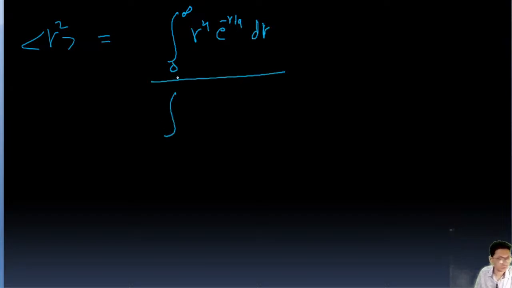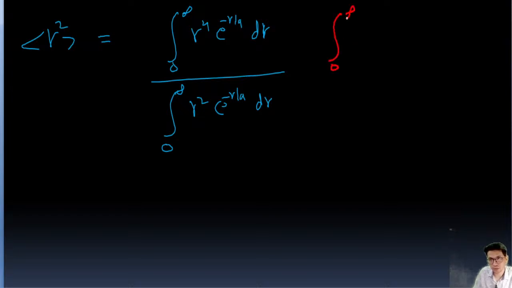upon integration 0 to infinity r square e to the power minus r upon a dr. This is for the hydrogen atom; we are finding the nuclear density for the hydrogen atom. We have a formula, guys, which I have already explained in my mathematical physics.